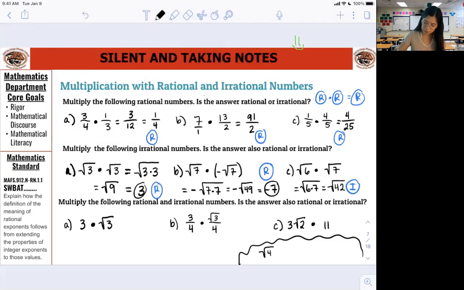The square root of 4 times the square root of 9. 4 times 9 is 36, and the square root of 36 is 6. So they're not the same number, right? But you still end up with a rational answer.